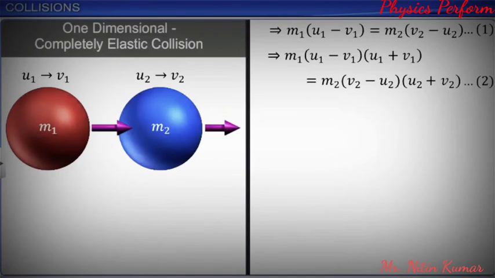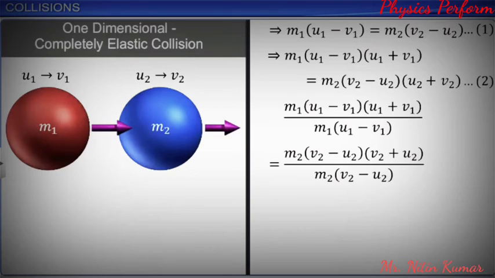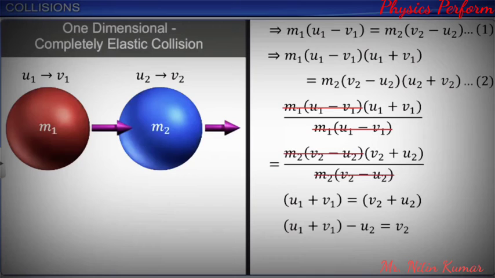Now, dividing equation 2 by equation 1 and simplifying, we get u1 + v1 - u2 = v2. Let this be equation 3.